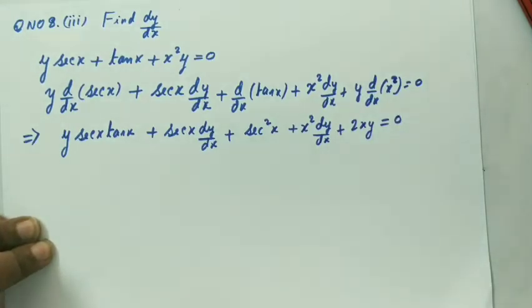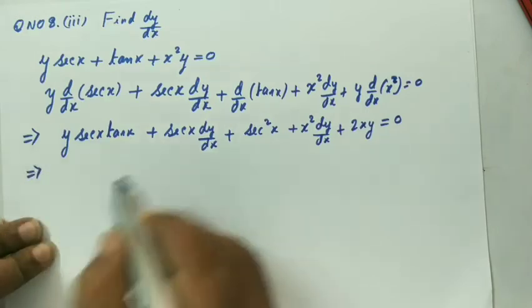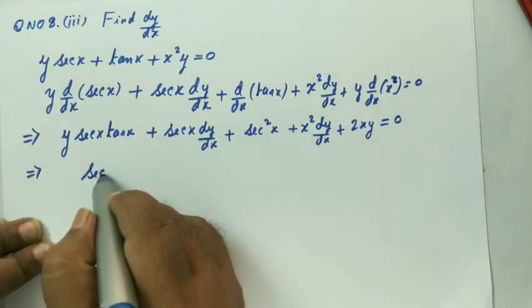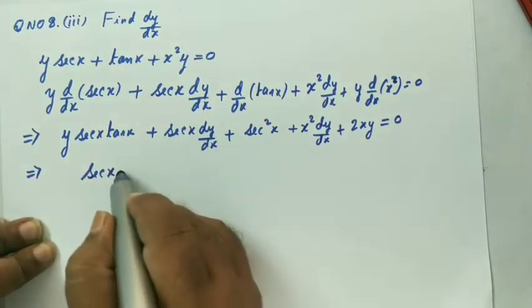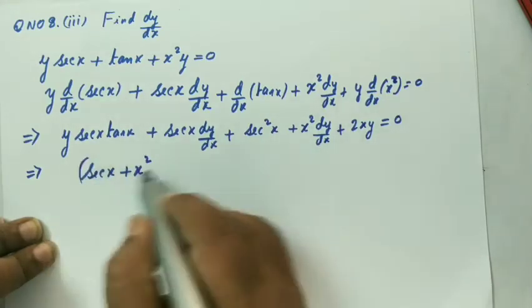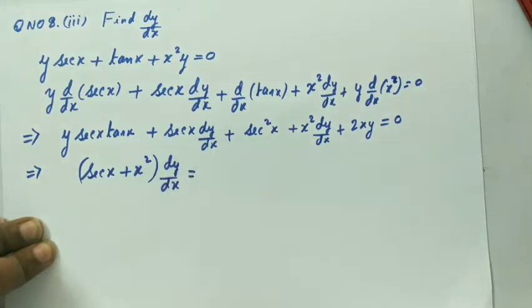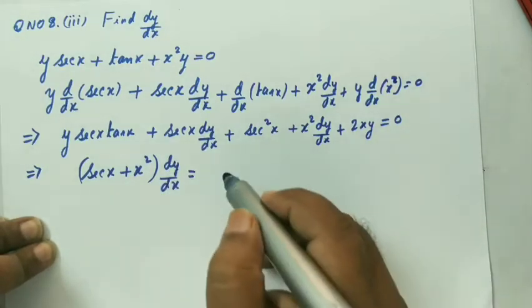Now all the terms containing dy by dx should be together. So sec x plus x square. Other terms I'll take to the other side.